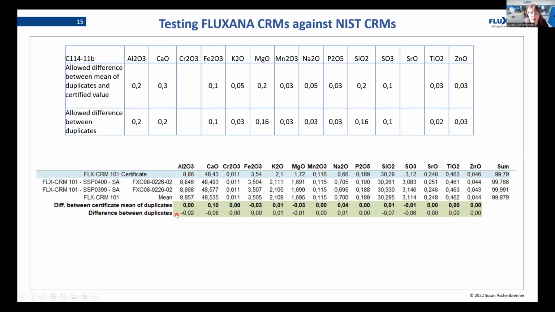And then we have the difference between the duplicates themselves. So this is basically this minus this. And as you can see, this fits quite well with the calibration we did just based on NIST. And it definitely fits into these tolerances that are given by the ASTM norm.